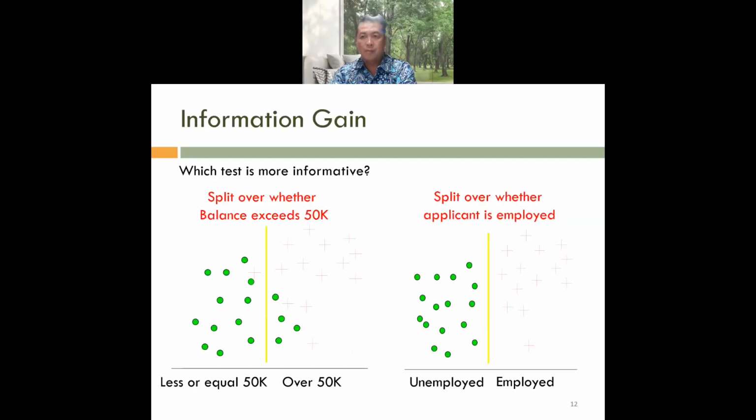So we go back to this example. When we have this splitting, we draw a line to divide them into 2. This one has a mixture with misclassification, so this one is not very informative. This one is very informative because we managed to split them into 2.